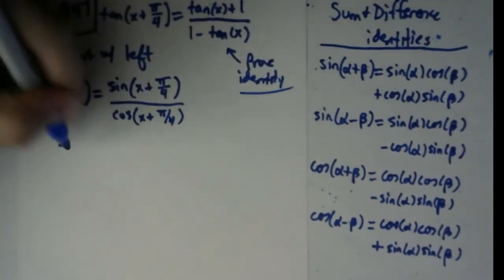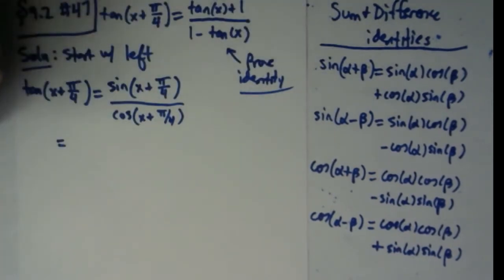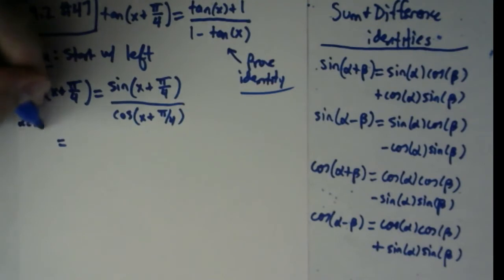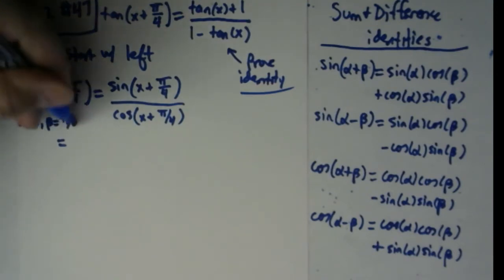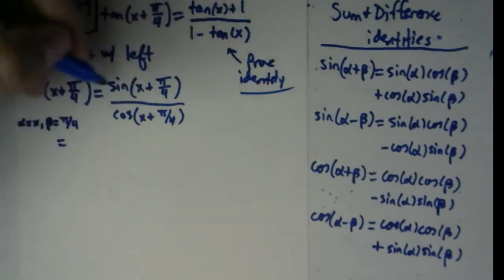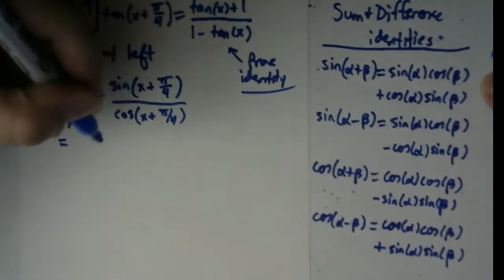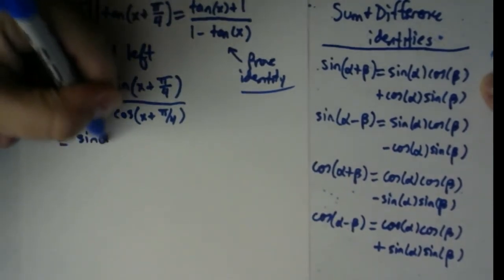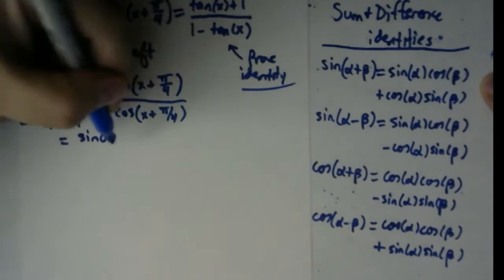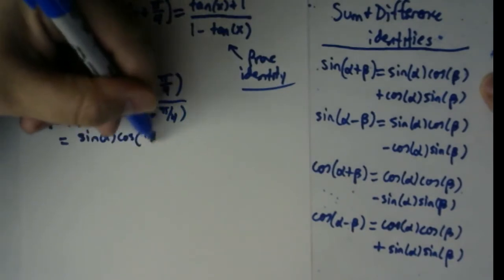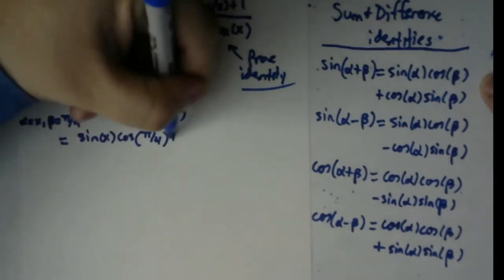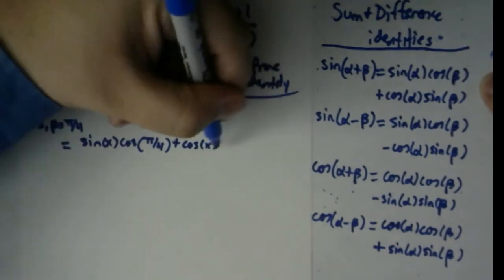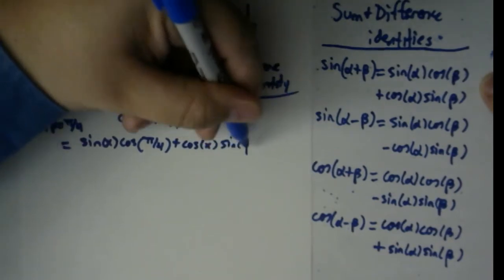So on the top and on the bottom, I'm taking alpha equal x, beta equal pi over 4. So in the numerator, I get this expression, sine x times cosine of pi over 4 plus cosine x sine of pi over 4.